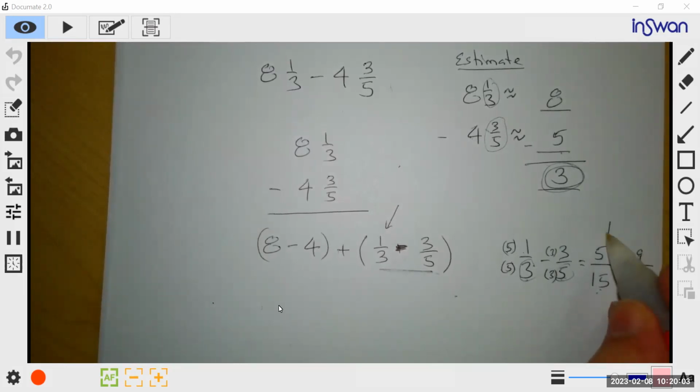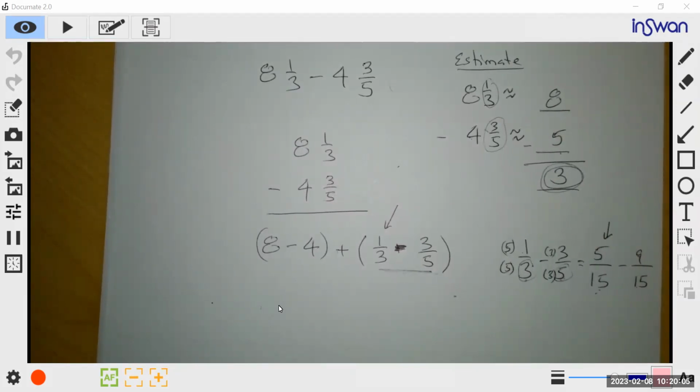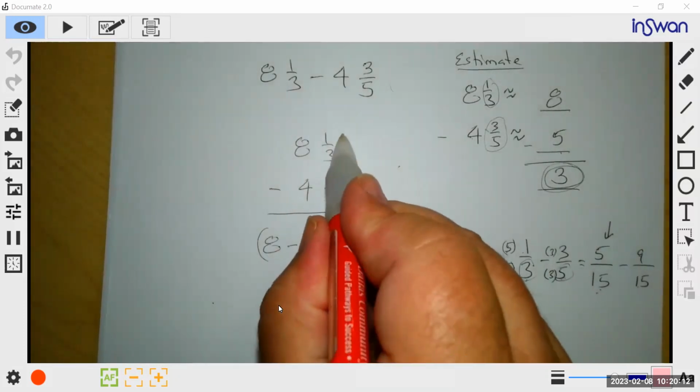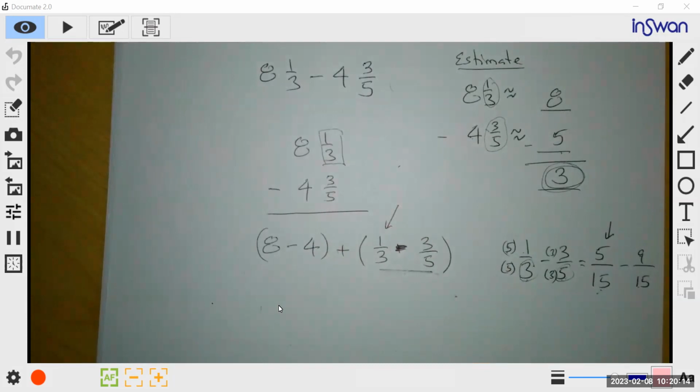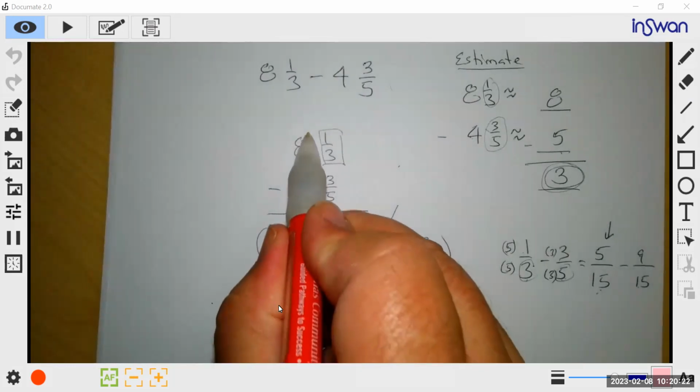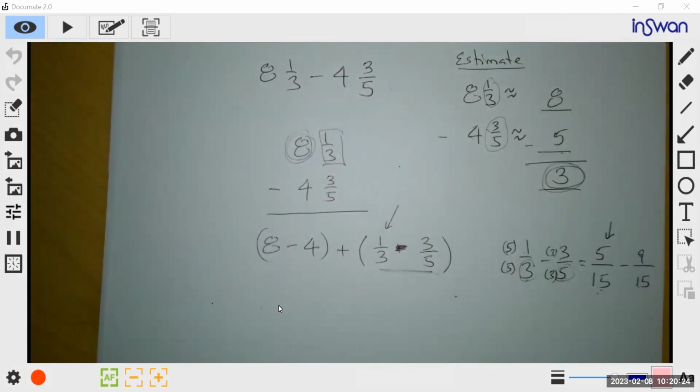So how do we make this number bigger? In other words, we have to make this fraction bigger. We do that by borrowing 1 from 8.